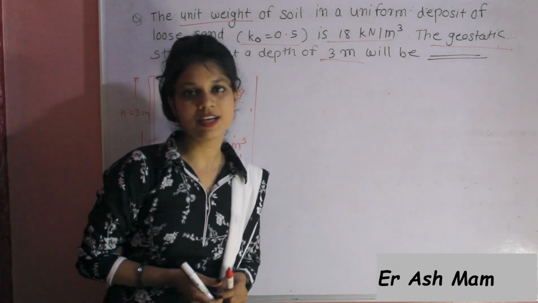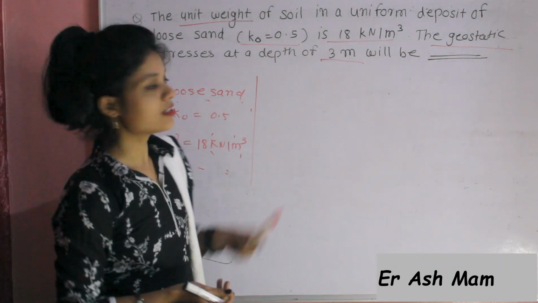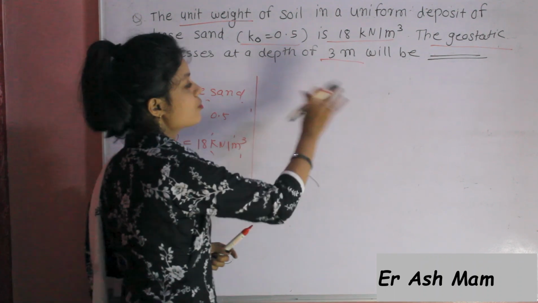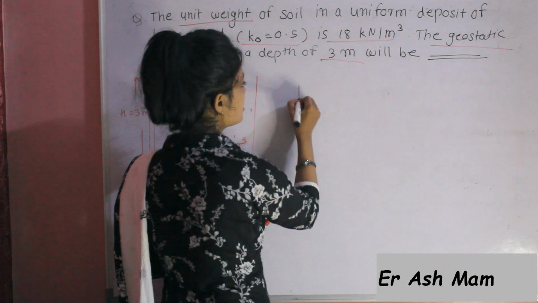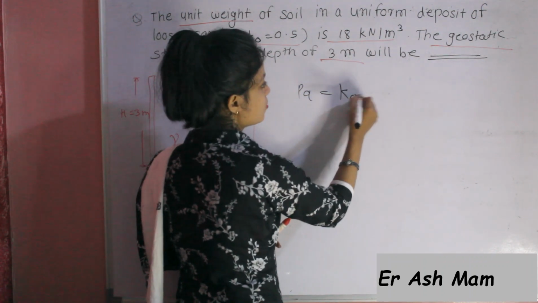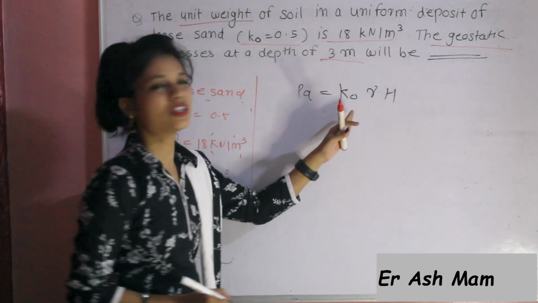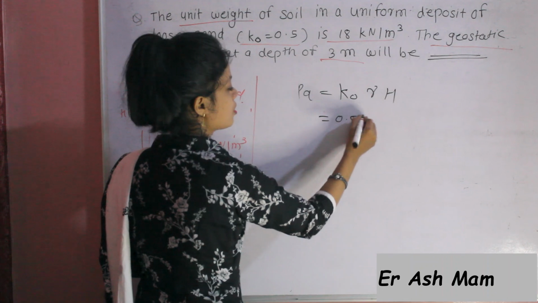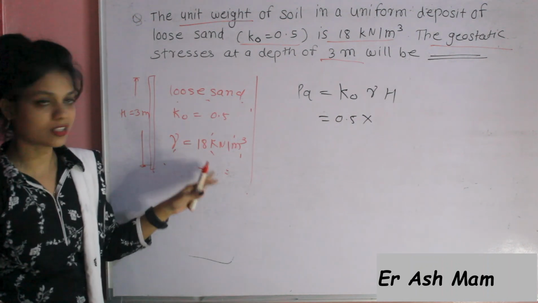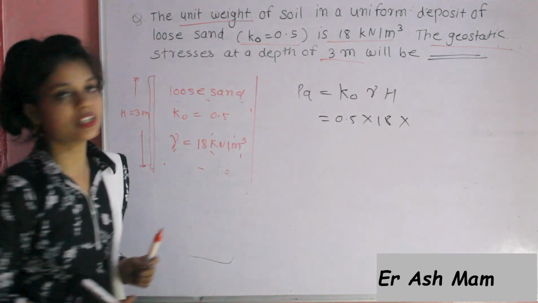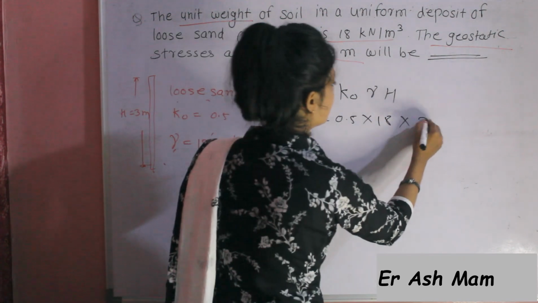We know that there are 3 types of stresses: geostatic, active and passive. For geostatic, the formula is geostatic stresses equal to K0 gamma H. K0, at rest condition, is given, that is 0.5. Unit weight of this loose sand is given, that is 18 kN per meter cube, and we have to find at a depth of 3 meter, that is H equal to 3 meter.